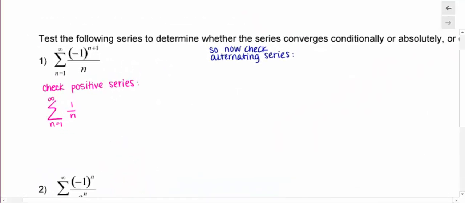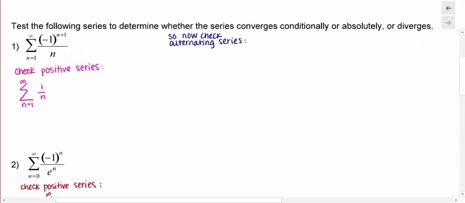All right, so let's look at a couple examples here. Test the following series to determine whether the series converges conditionally or absolutely, or does it diverge? So now I have three options, whereas before we were just saying, does that series converge or diverge? Now if it converges, I'm saying, did it conditionally converge?